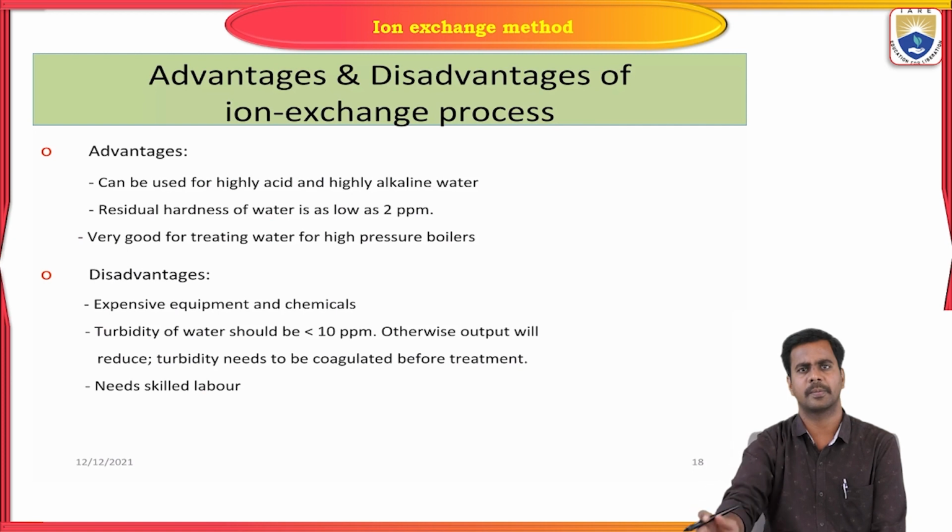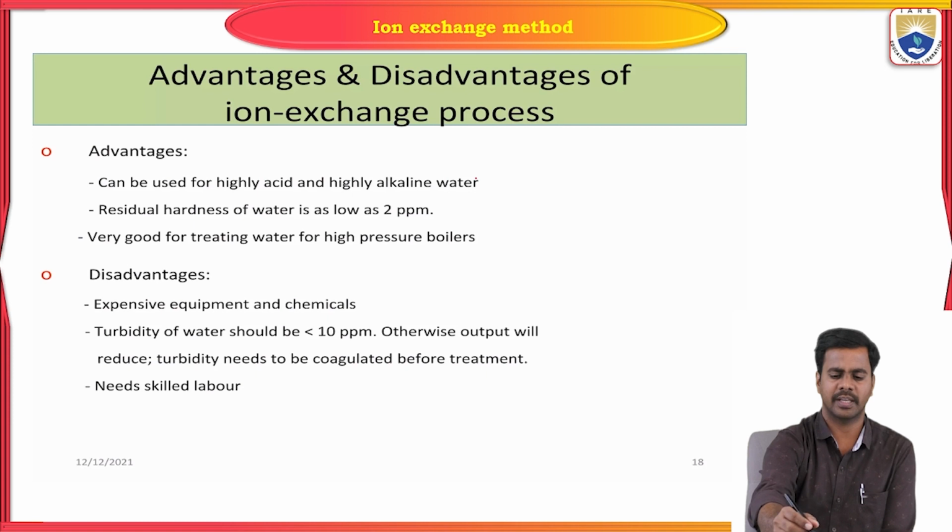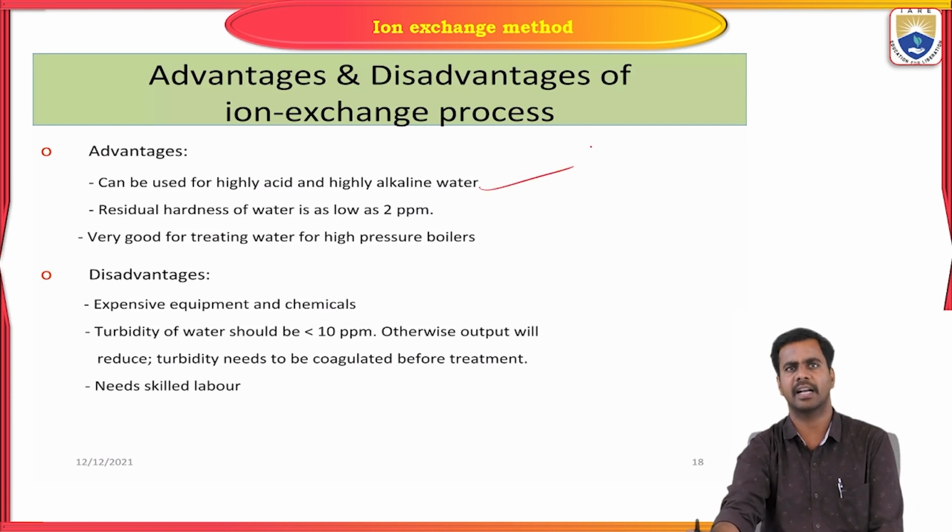Now coming to the advantages of the ion exchange method. This method can be used for highly acidic and highly alkaline water. That means water which is highly acidic in nature as well as highly basic in nature, that water also we can purify by using the ion exchange method.